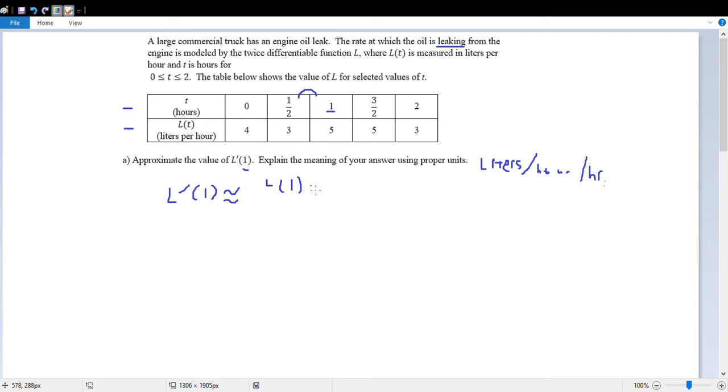So L of 1 minus L of 1/2, okay? That's f of b minus f of a, right? Our difference quotient over 1 minus 1/2.